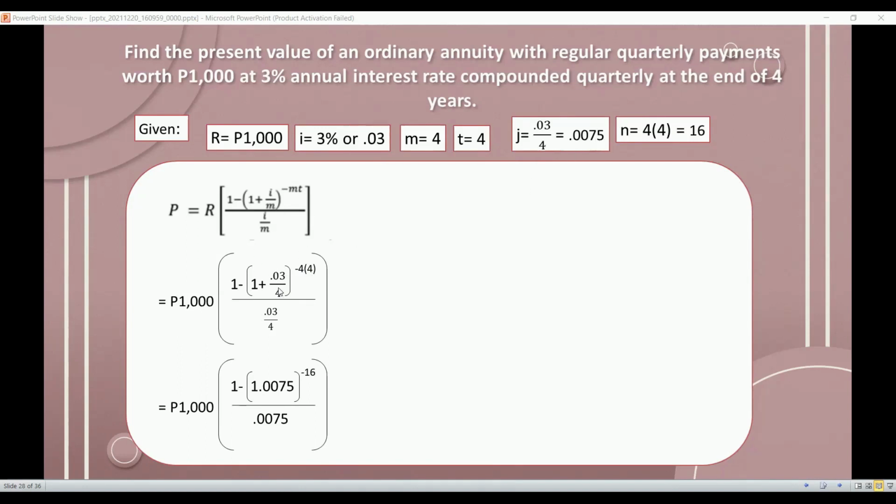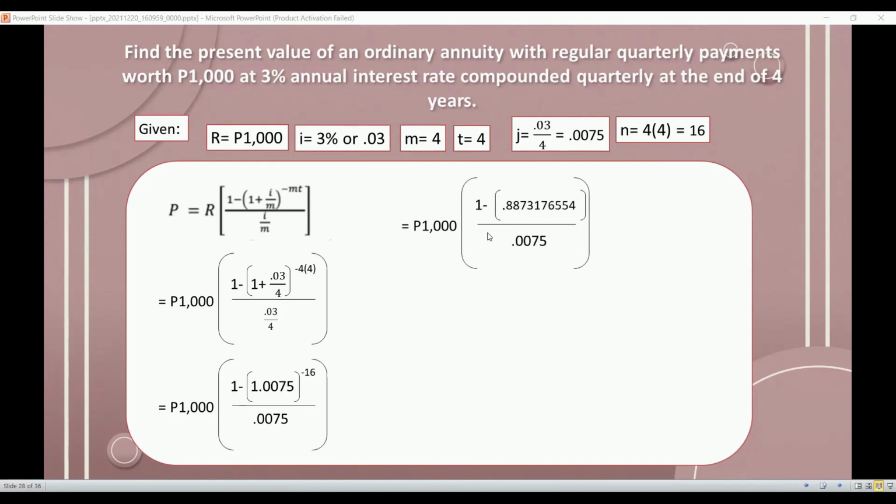Our J, there. So, 1.0075 because we added the 1. Then for the exponent, we just multiply, so negative 16. Copy the J as the denominator.